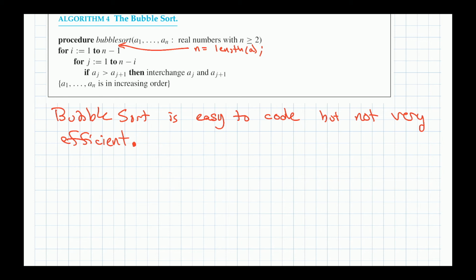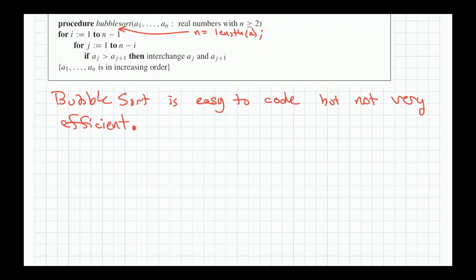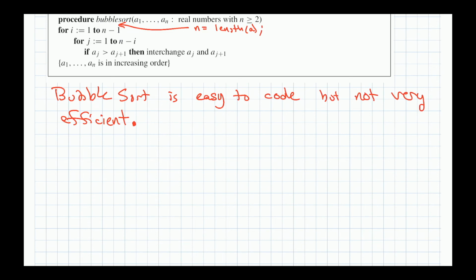That's not a big data set, right? 4 megabytes is not that much. So you don't want to be using inefficient sorting algorithms if you think the number of items that you're sorting might be big at some point. So this is easy to code, but not great. The other one we're going to cover is called insertion sort.